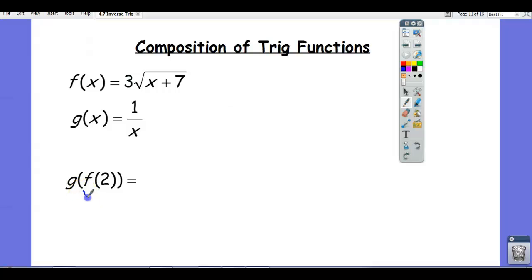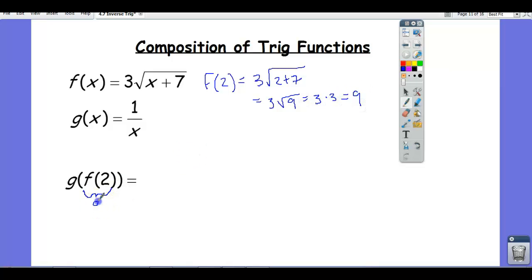We've done these before, and as a reminder, the way to evaluate those is to do the innermost part first, and then work your way out. So the first line of business here is to evaluate f of 2, which looks like it's 9.